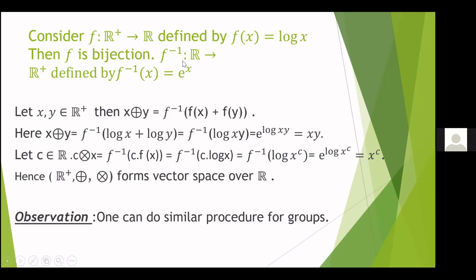Then f inverse from R to R plus will exist, and f inverse is equal to e power x.